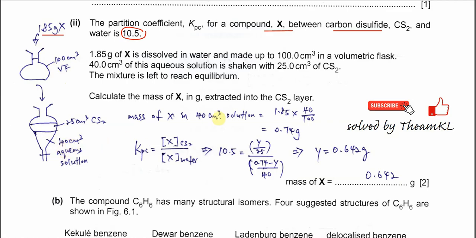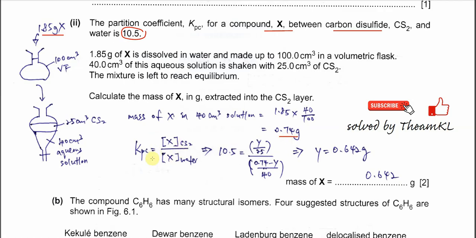You need to use a smaller ratio, because it's just 40 cm cube from 100, so it's actually 40 over 100 times the total mass that was added. So the mass of X in this aqueous solution is 0.74 gram. After that you can use this for calculation.